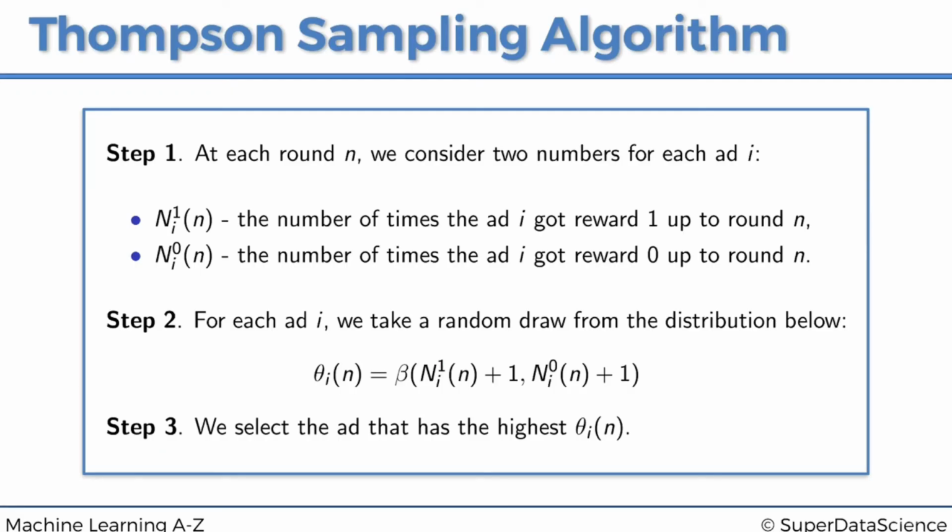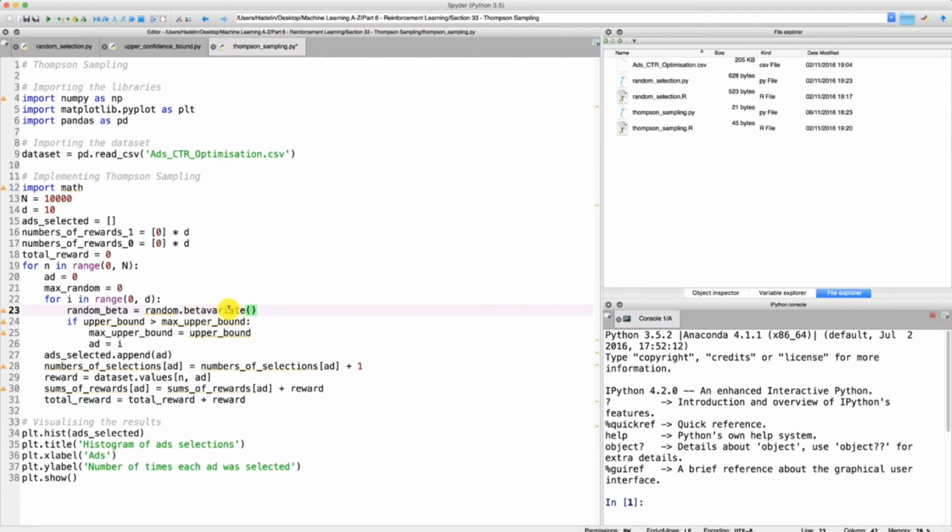And as we can see on this slide here, the first parameter is the number of times the add version I got reward 1 plus 1, and the second parameter is the number of times the add I got reward 0 plus 1. So let's do it. We simply need to input the two parameters. And what are they? Well, they're simply numbers of rewards 1 that I'm going to input here as the first argument. And of course, since this corresponds to a specific add, I will add some brackets here and take the add version I that we're dealing with at the specific time in this for I loop.